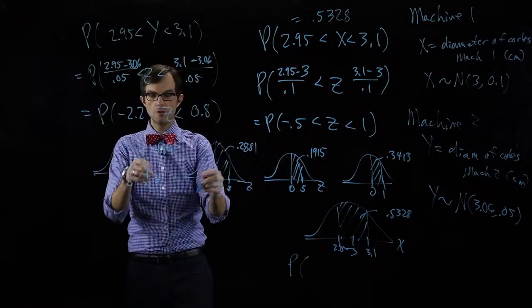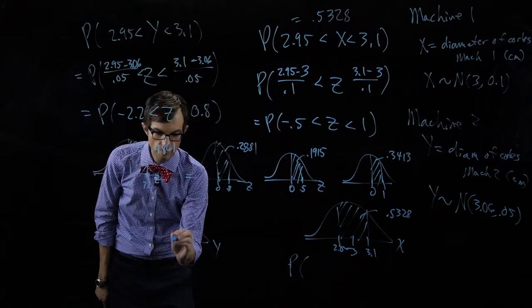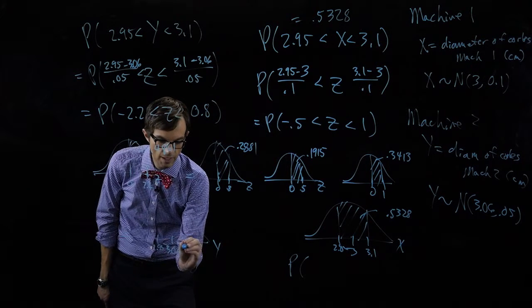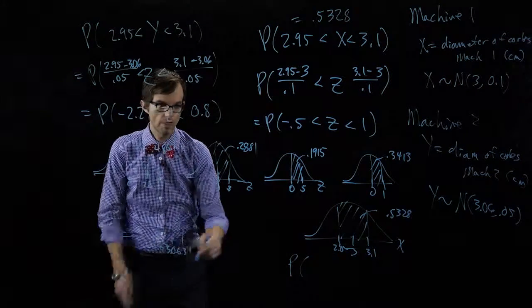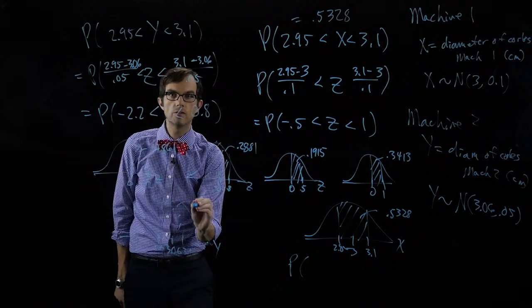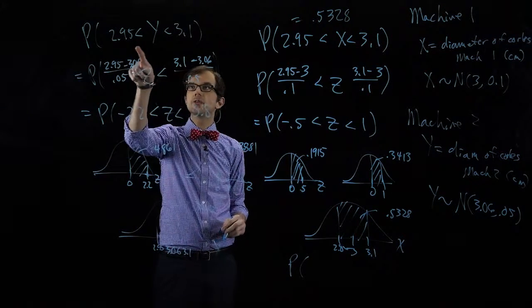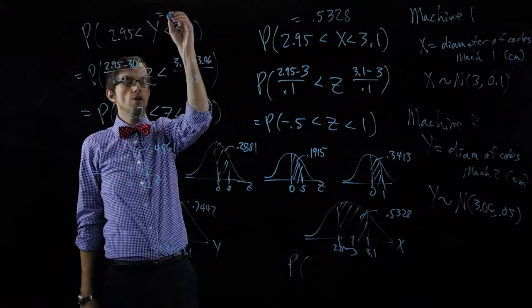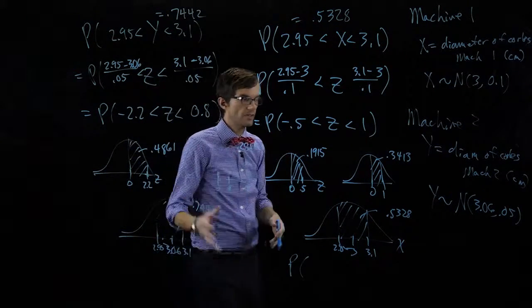So the sum of these two probabilities gives us the probability that y is between 2.95 and 3.1, which is 0.7442.